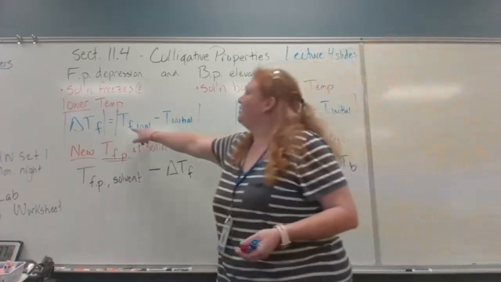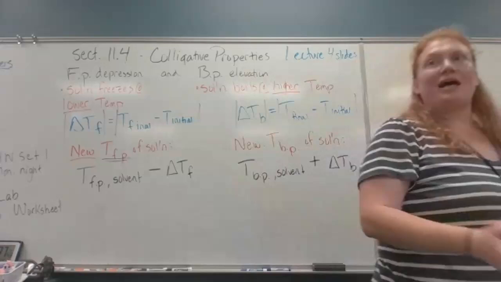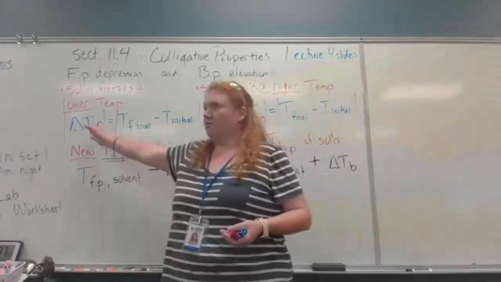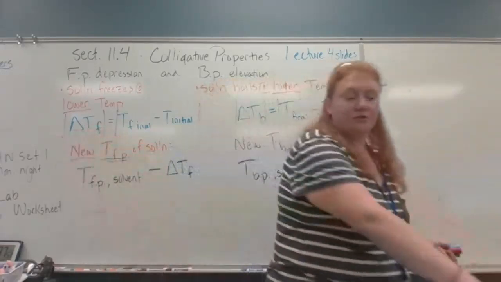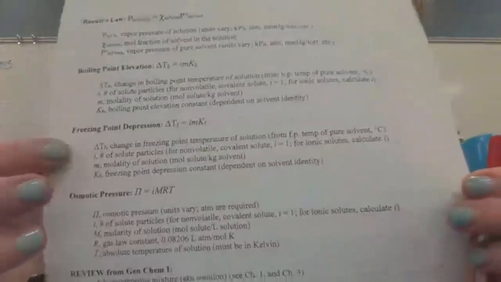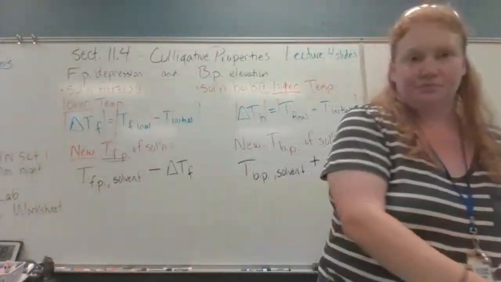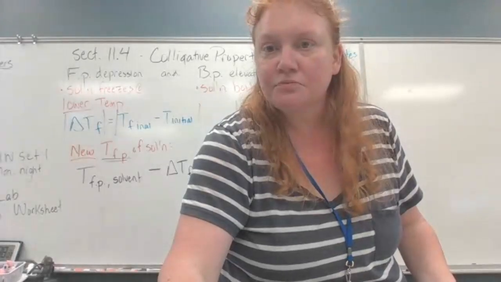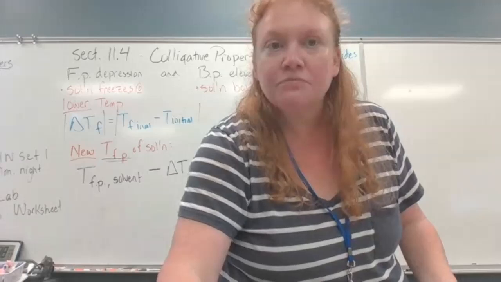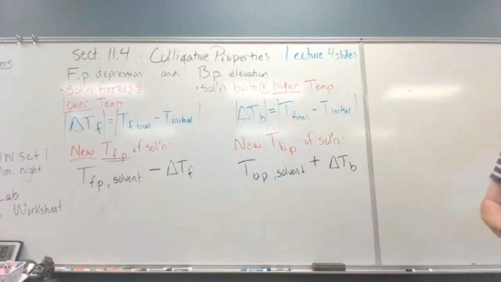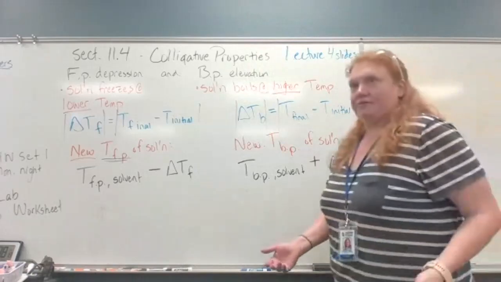Okay, what if I don't have a final and an initial temperature? What if I don't have that information in the lab? Is there a way I can still calculate delta T? Absolutely. These are the equations I gave you. You see the equations for boiling point elevation and freezing point depression. Well, it depends on what information you have.